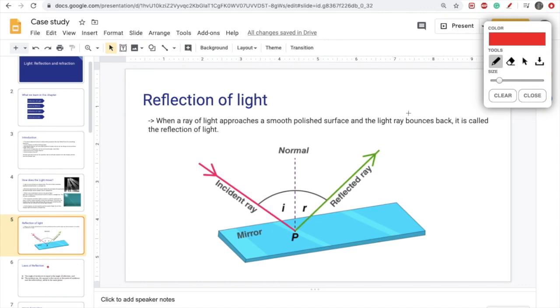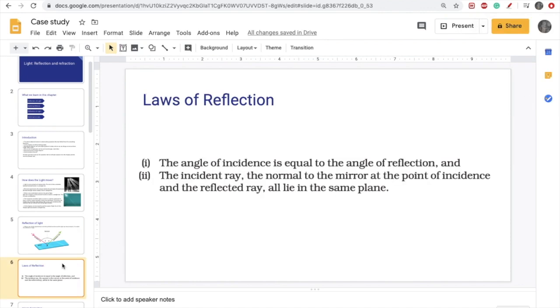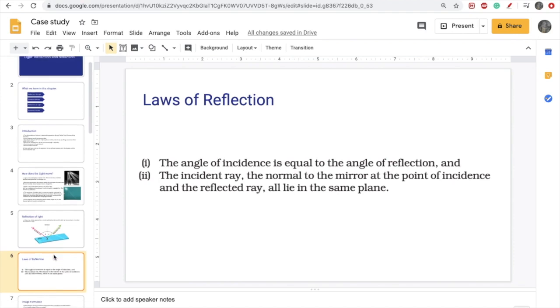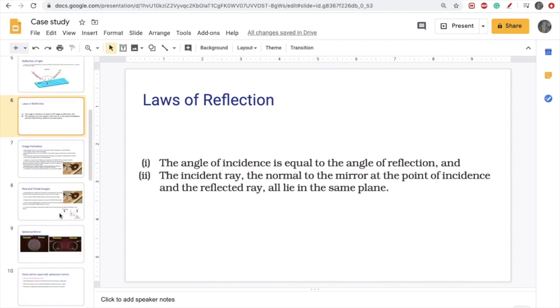These are the two laws of reflection, and both of these will be followed, and they will be very important to determine where the light will go. We will see in the further part of the chapter that using these laws we can exactly predict where the image of any object will be formed after it touches the mirror or a lens.